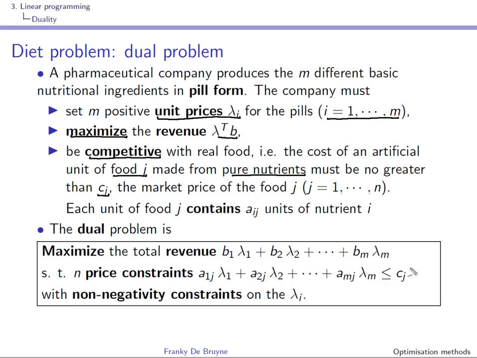So this produces j constraints, because there are j types of food, and now we have constraints that are of the type smaller or equal, right? Whereas before we had constraints larger or equal.